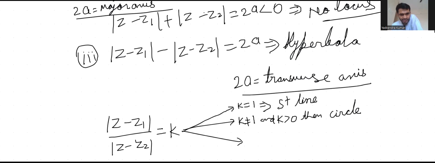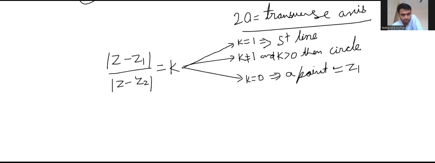And if k is 0, then it will be a point. Very simple, right? Which point will that be? The point will be Z1. So this is for the straight line situation.